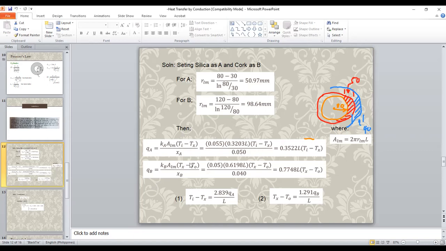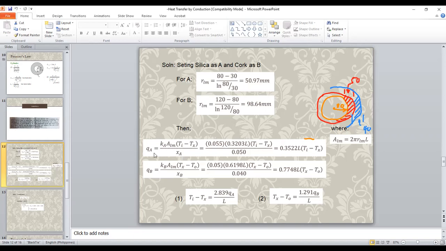By the way, class, I have not written the log mean area. I only wrote the log mean radius. So where will you get the log mean area for A only?